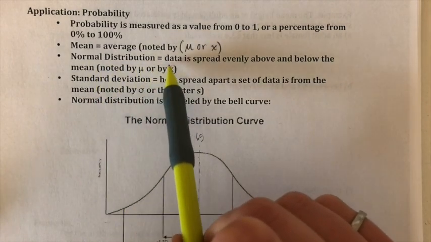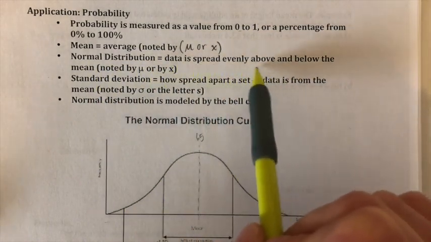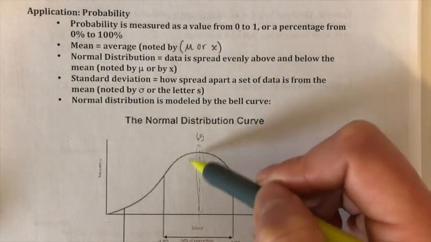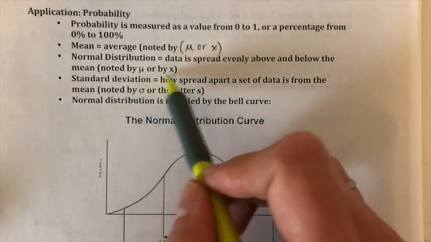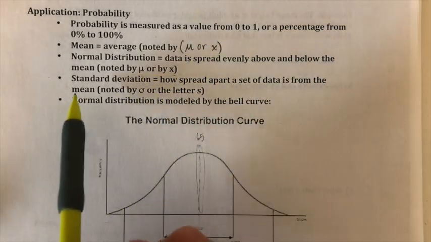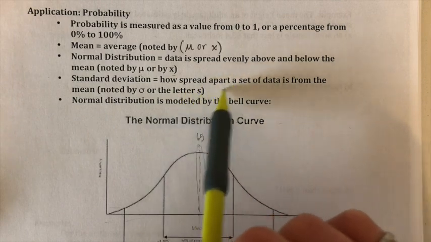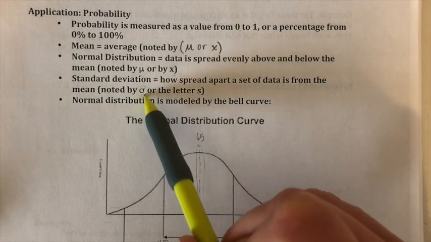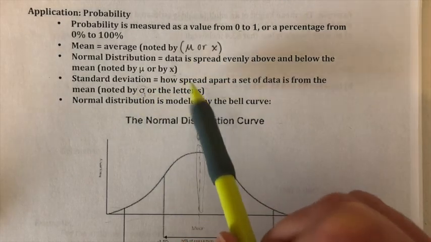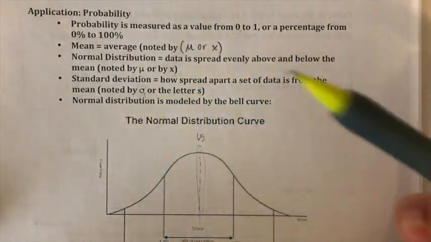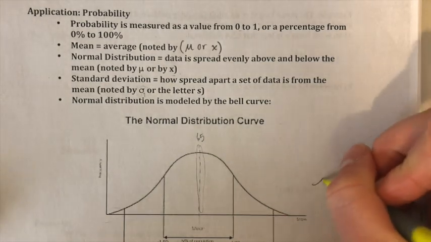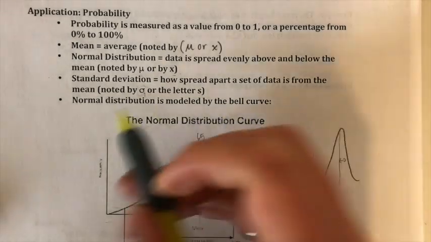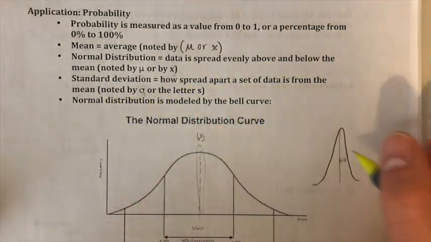Our normal distribution is data spread evenly above and below the mean. So again, here's my mean, and then we're normally distributed on either side, on this axis. And then standard deviation is how spread apart a set of data is from the mean. It's noted by, I think, lowercase sigma or the letter s. If you've got a really tall bell curve, that means your standard deviation is small.